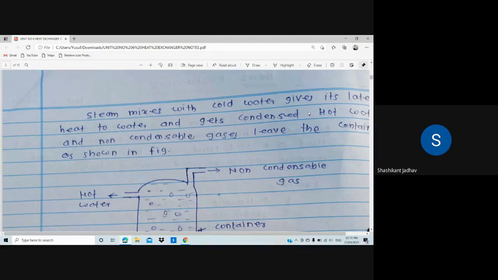Steam mixes with cold water, gives its latent heat to water and gets condensed. What will the steam do? It will give its heat to the cold water, and what will happen to it? Condensation will happen. Okay, gives its latent heat to water and gets condensed, full stop.